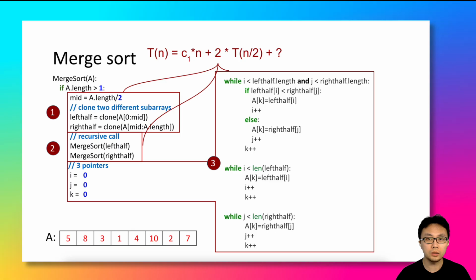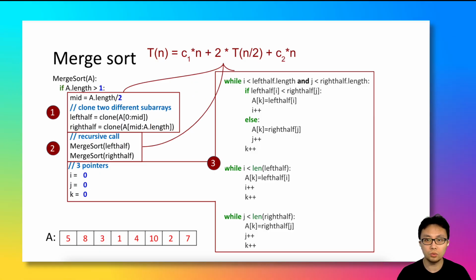The length of the left half is roughly n divided by 2. Same for right half. The 3 while loops are placed one after another, so executing them takes maybe c2 multiplied by n time, which is in proportion to the input size.